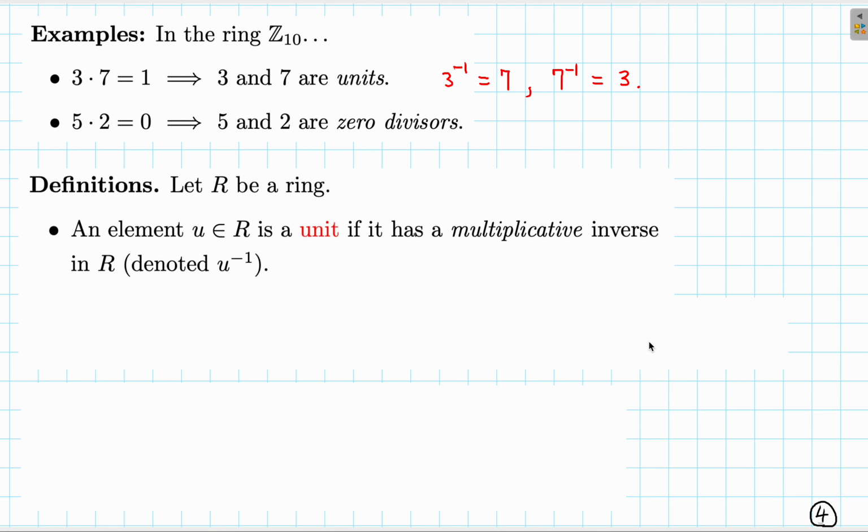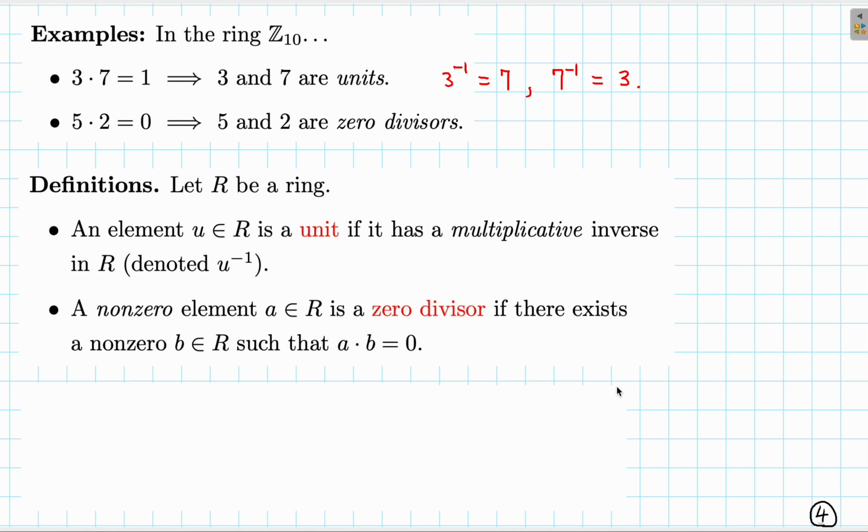And here is a zero divisor. A non-zero element A in ring R is said to be a zero divisor if there exists a non-zero element B in R such that A times B is 0.